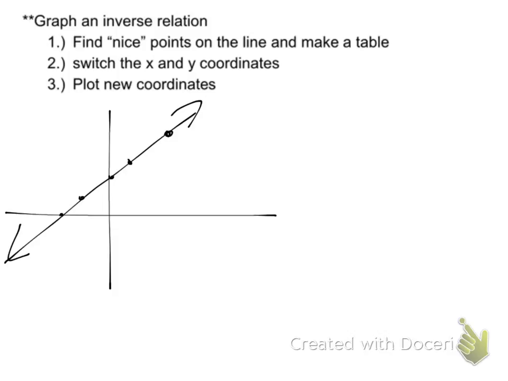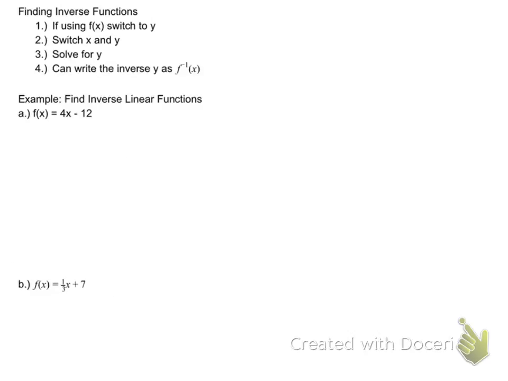Once you find those points, what are you going to do? Switch x and y. And when you switch your x and y, those are the inverse, and therefore you can graph those. Now you have your inverse graph. So where does this all come down to? It all comes down to actually finding inverse functions.